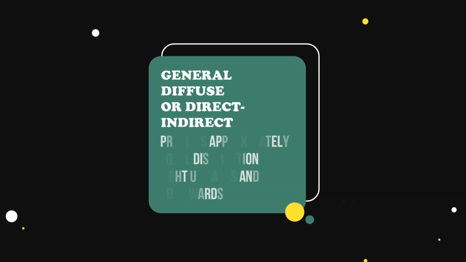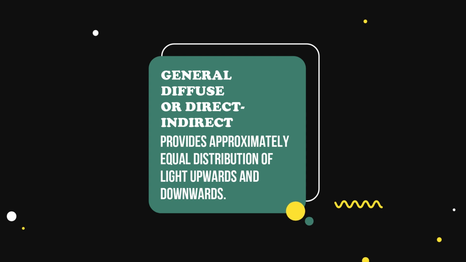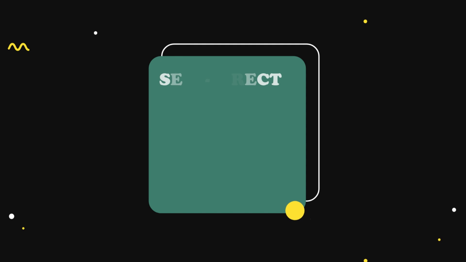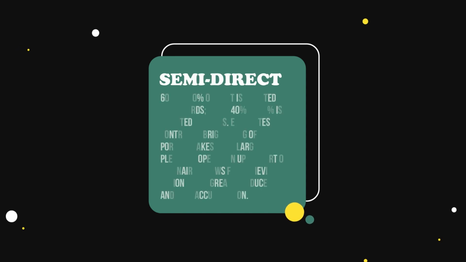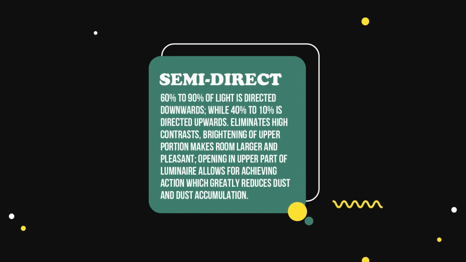General diffuse or direct-indirect: provides approximately equal distribution of light upwards and downwards. Semi-direct: 60% to 90% of light is directed downwards, while 40% to 10% is directed upwards.